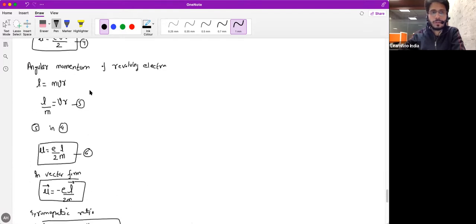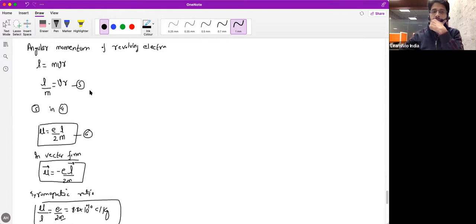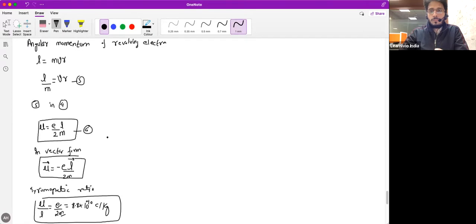Then we will introduce the quantization condition.